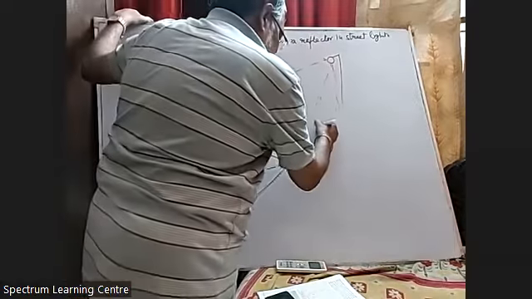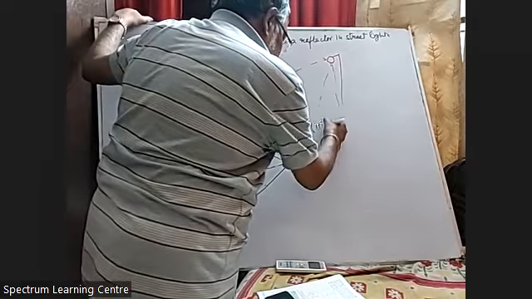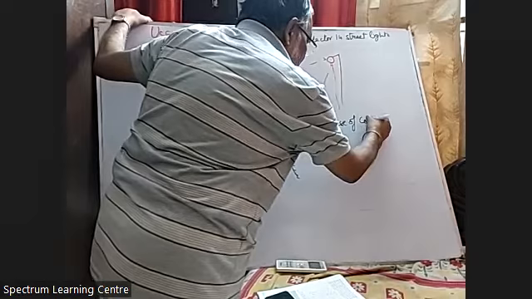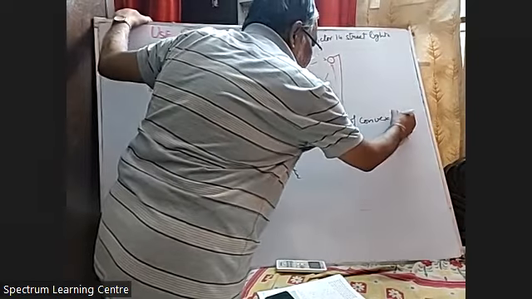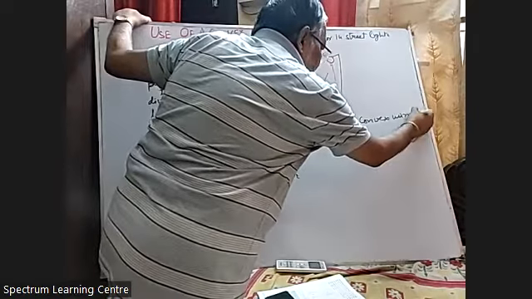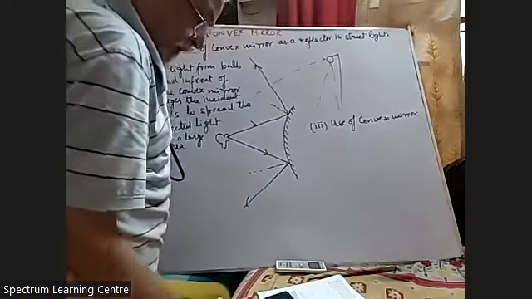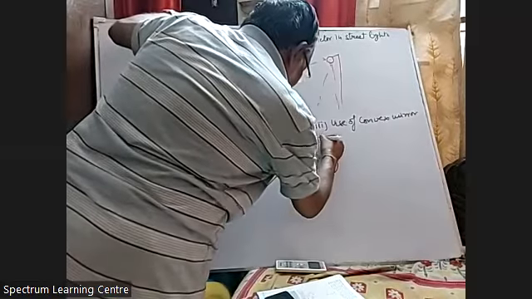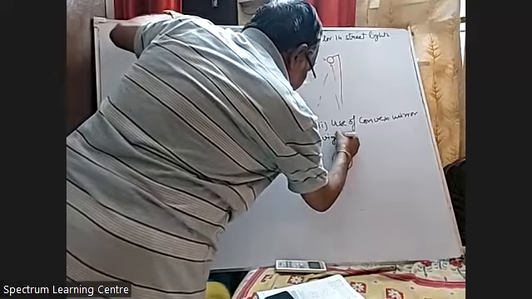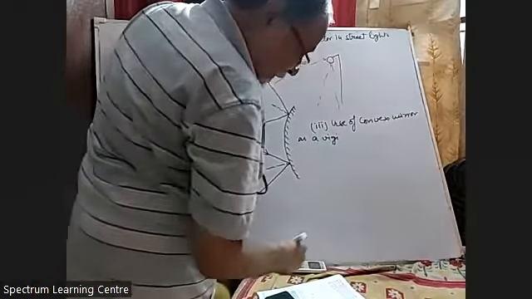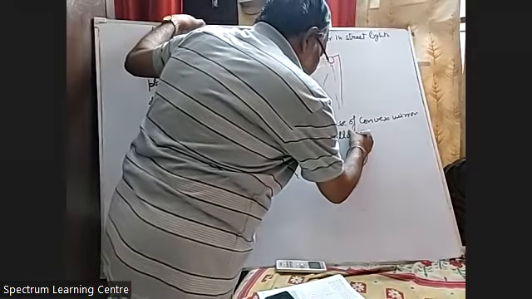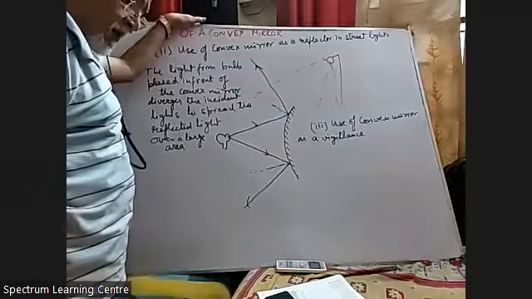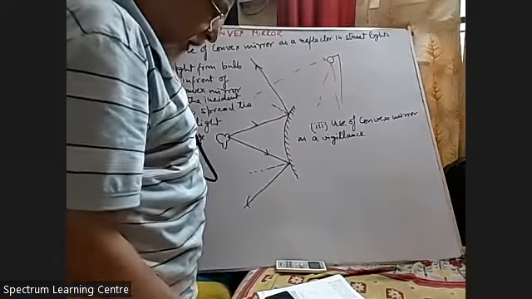Now we will write the third use also. Use of convex mirror as a vigilance mirror. Vigilance means in jewelry shops it used to be earlier. Nowadays we have CCTV cameras. Clear?